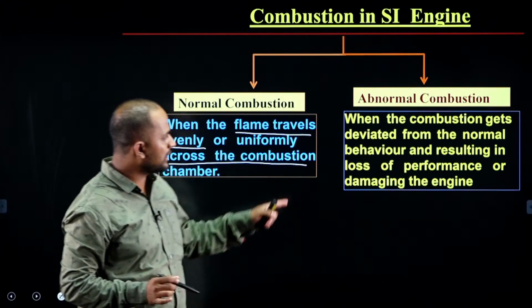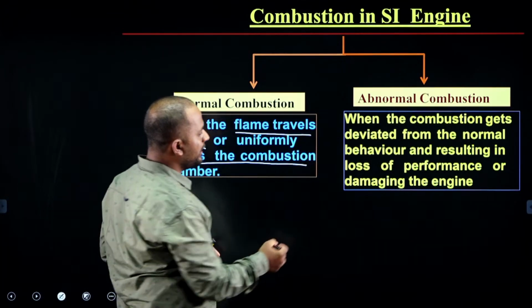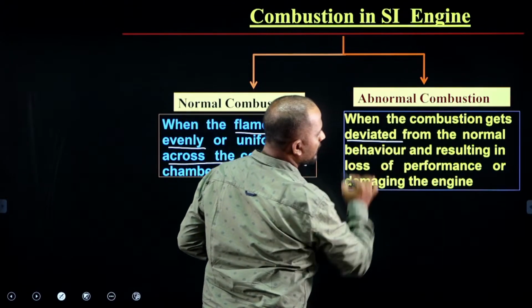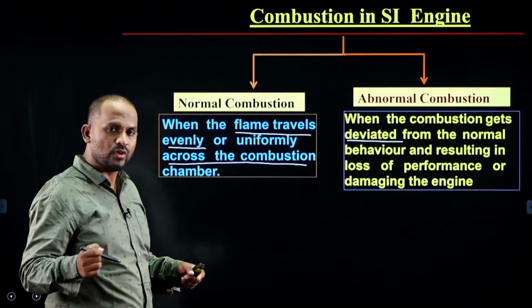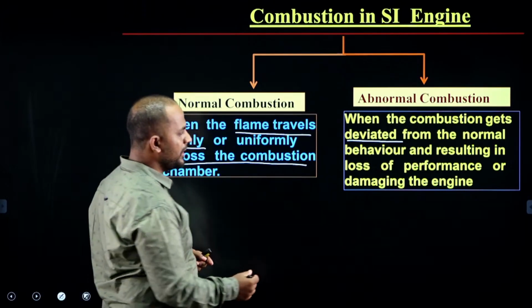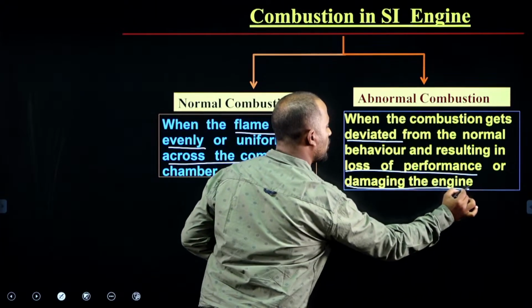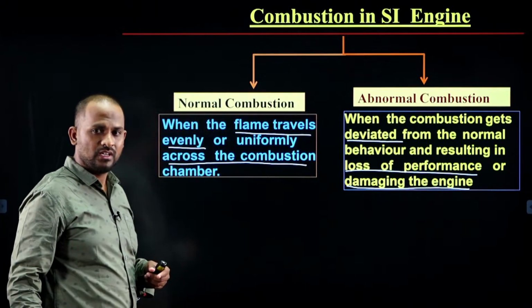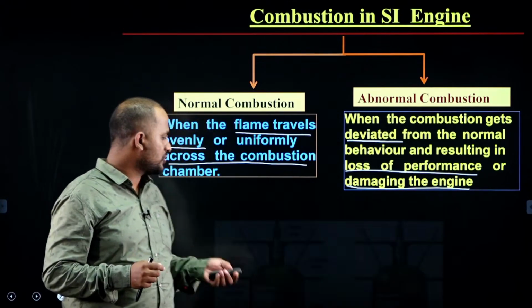What about abnormal combustion? In this, the combustion process deviates from the normal combustion behavior. Because of the deviation, there is a loss of performance and damage to the engine. How does that deviation happen?